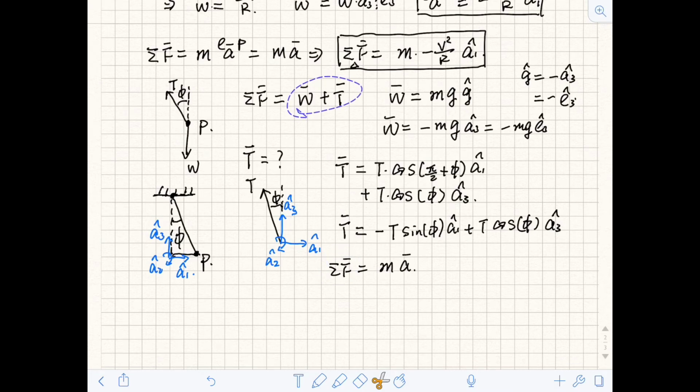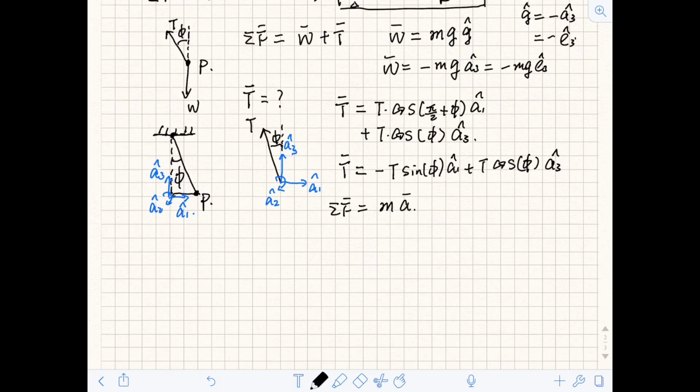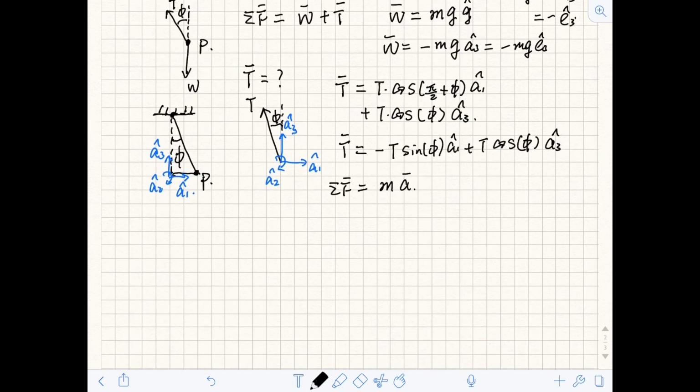We have W bar expressed in both the A frame and E frame, and T bar expressed in the A frame. So logically, we'll choose the A frame to represent all the vectors we have for Newton's second law. Let's write W bar plus T bar is equal to mass times acceleration.